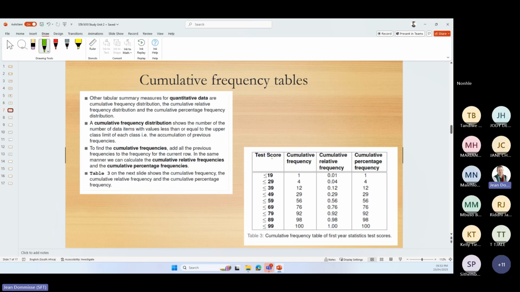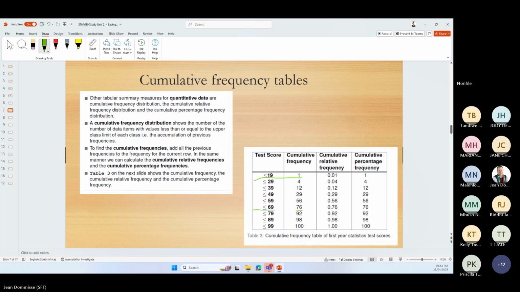Here they basically have done already a cumulative frequency for you. Okay, so here is everybody that's under 19. There's one of them. Everybody that's under 69, there's 76 of them.